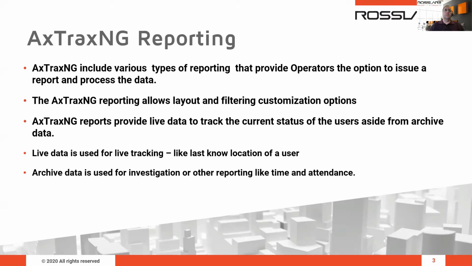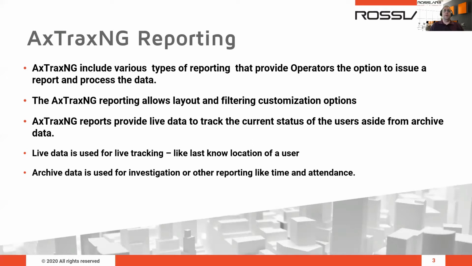There are two major types of data available on the reporting: live data and archive data. The live data is used for live tracking, like last known location, or to see how many people are inside each area. The archive data is used for investigation or other reporting like time and attendance.